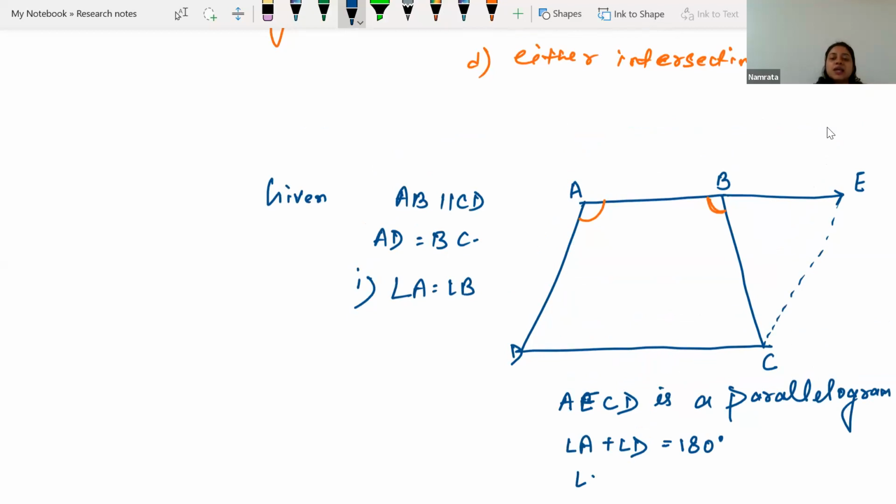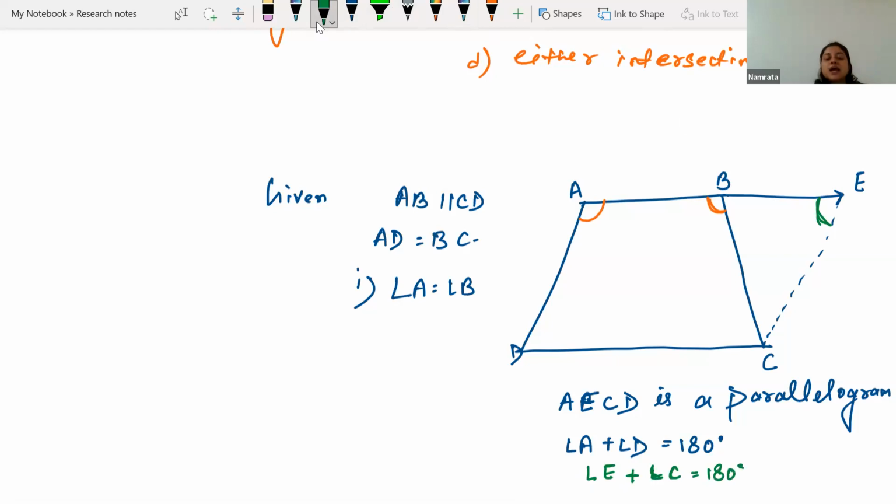Similarly, we can also take angle B plus, instead of B, we will be taking over here angle E plus angle C is equal to 180 degrees.